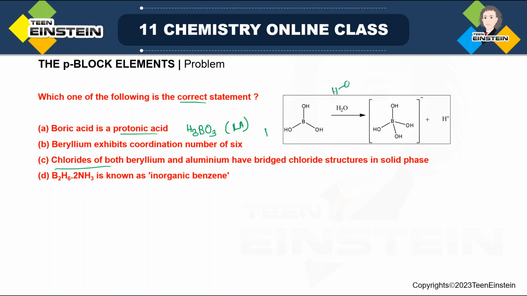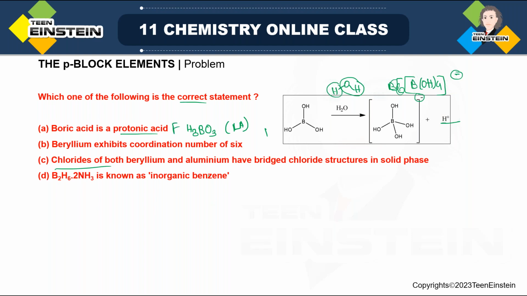If you write the water molecule like this, it will accept the OH part, which will be converted to B(OH)4 minus, with a single negative charge, and the other part will be removed as H plus. So it is accepting HO minus, it is accepting electron density, so it is behaving as a Lewis acid. It is not a correct statement, it is false.